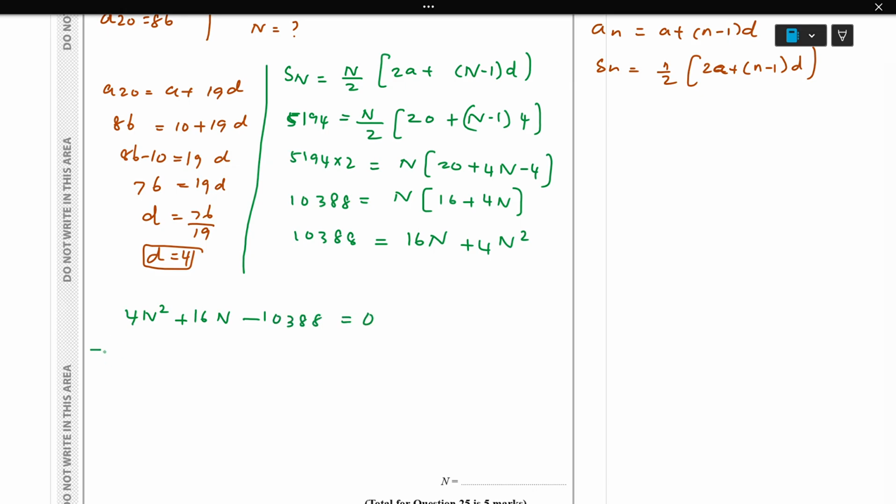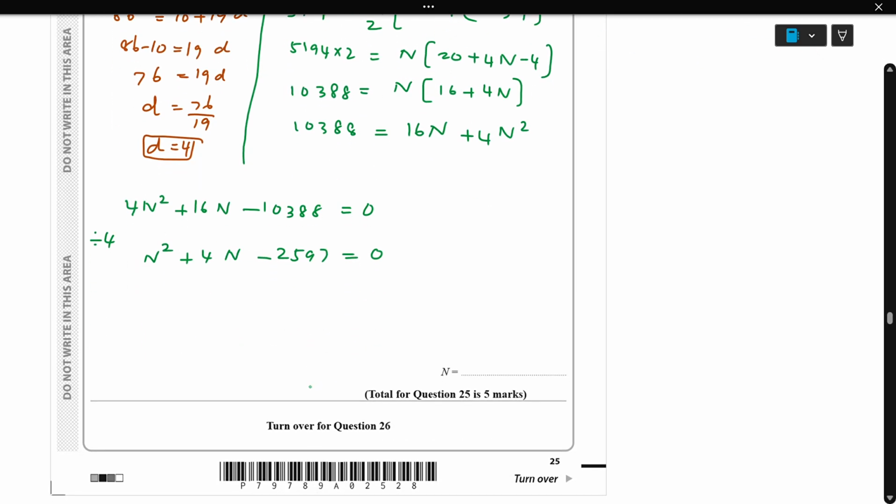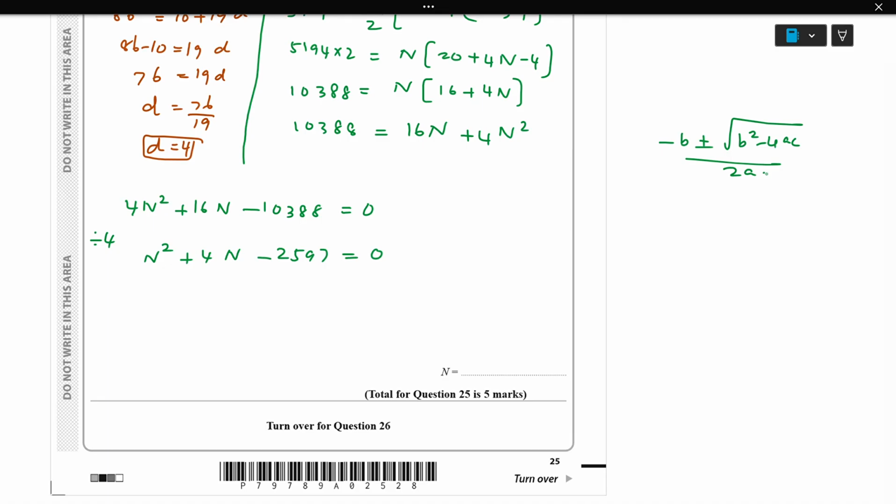All divisible by 4, so I'll divide by 4. So n square plus 4n minus 2597 equals 0. Now we need to solve this. As we know the formula, minus b plus or minus square root of b square minus 4ac over 2a, this is the quadratic formula.